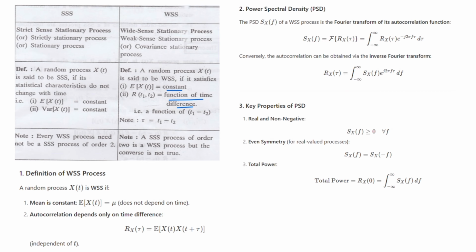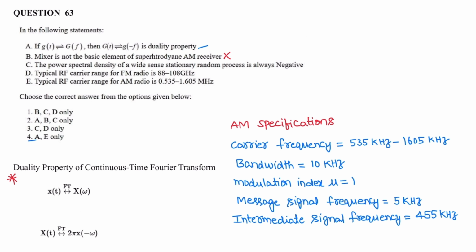For a wide sense stationary process, the power spectral density is real and non-negative, and it has even symmetry, and the total power is represented as Rx of 0 equals the integral from minus infinity to infinity of Sx of f df. Statement C is incorrect. Power spectral density of a wide sense stationary random process is real and non-negative.